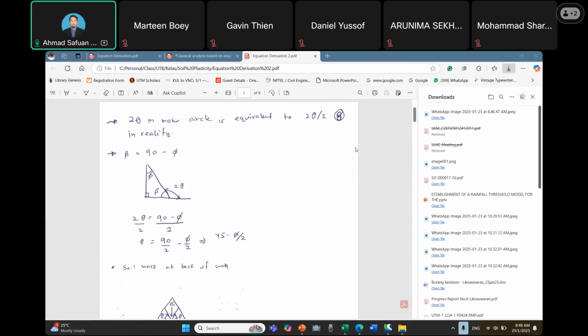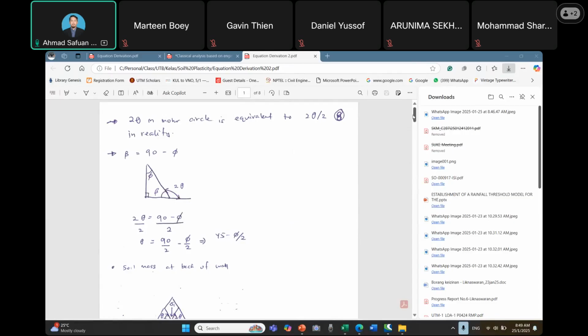This is page number 8, the explanation on 45 minus phi over 2.